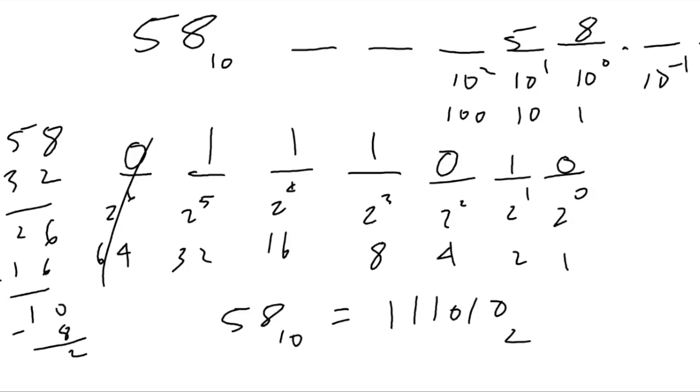So let's try doing it the other way around. Let's try going from binary to base 10. So let's say we've got the number, I don't know, 1, 1, 0, 0, 1, 1, sure, in base 2. And we want to convert this into base 10.